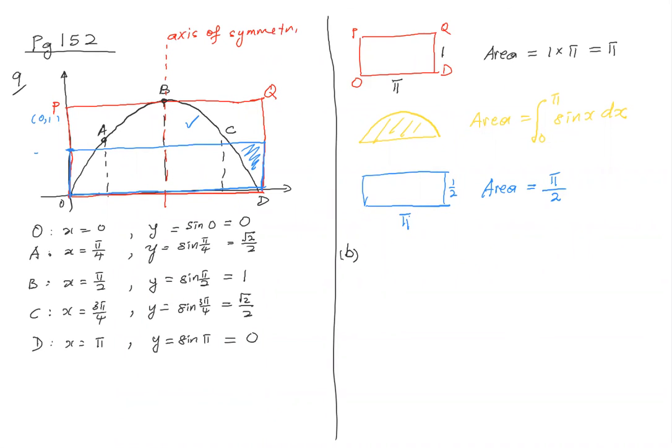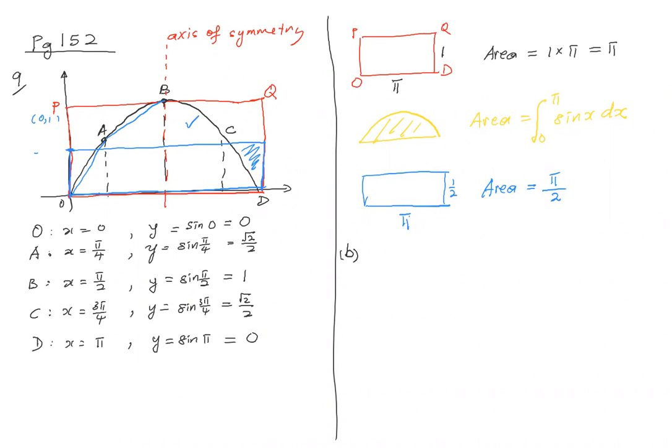The left-hand side is equal to the right-hand side. So now I draw a triangle and a trapezium. Do you see a triangle and a trapezium? Use the points OABCD to show that the shaded area is greater.